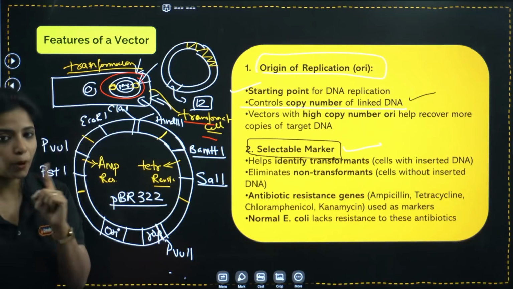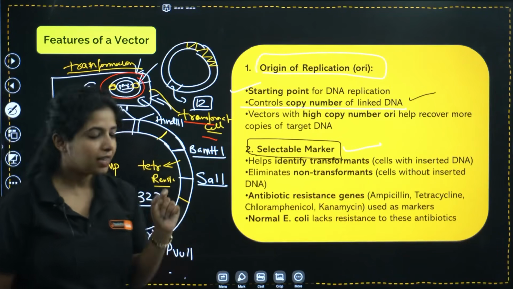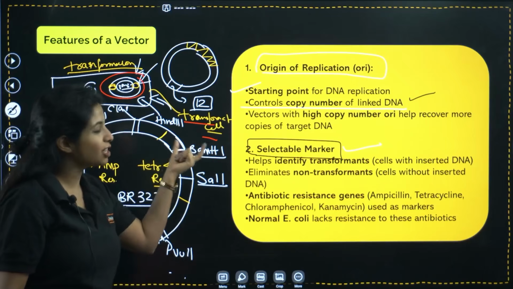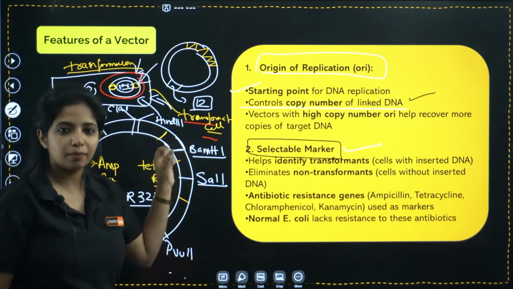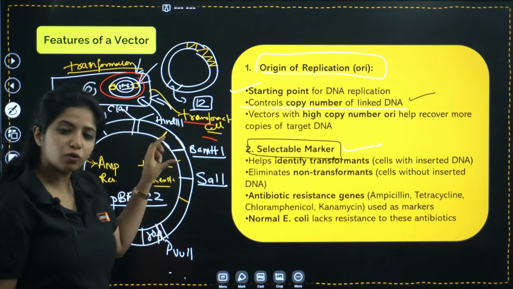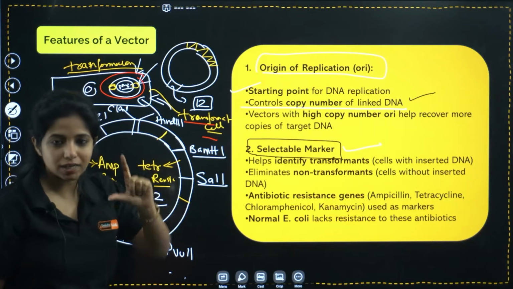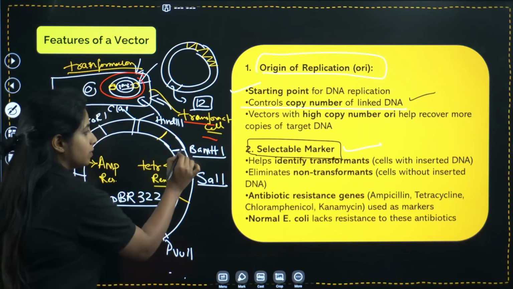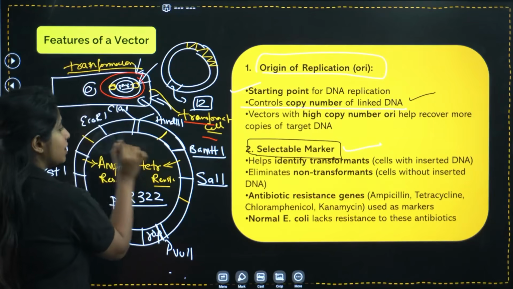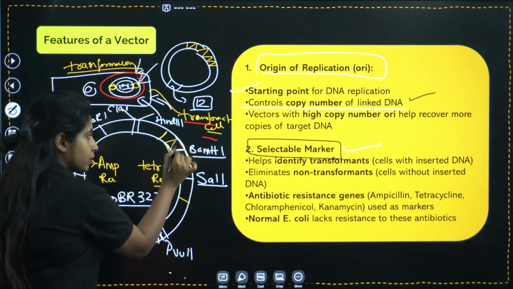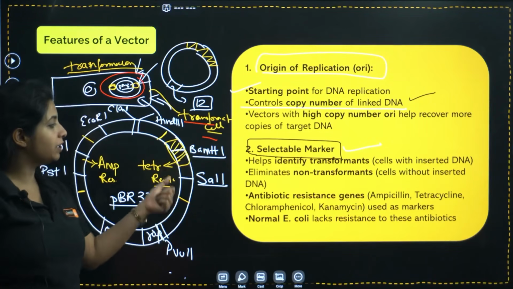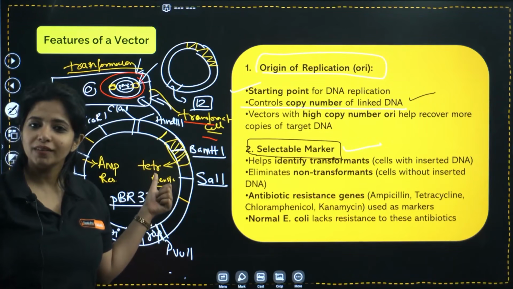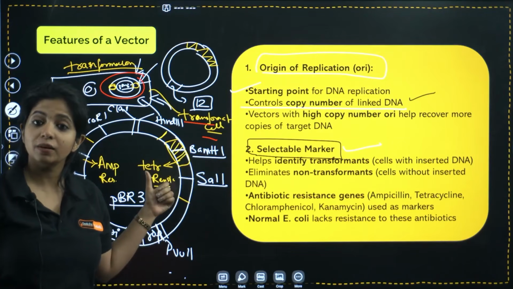Now, there is a problem. The problem is that, suppose I am using BamH1 for providing a space over here and putting my gene of interest. You need to understand that when it does that, there will be a new gene being inserted over here. So do you think it will be tetracycline resistant anymore? No. Why?